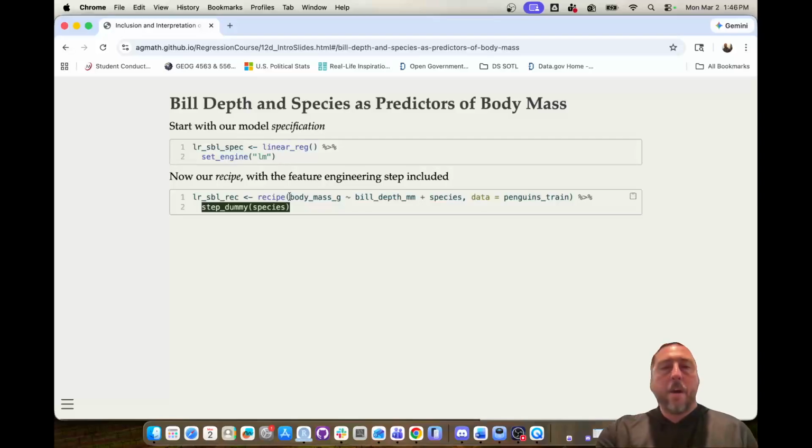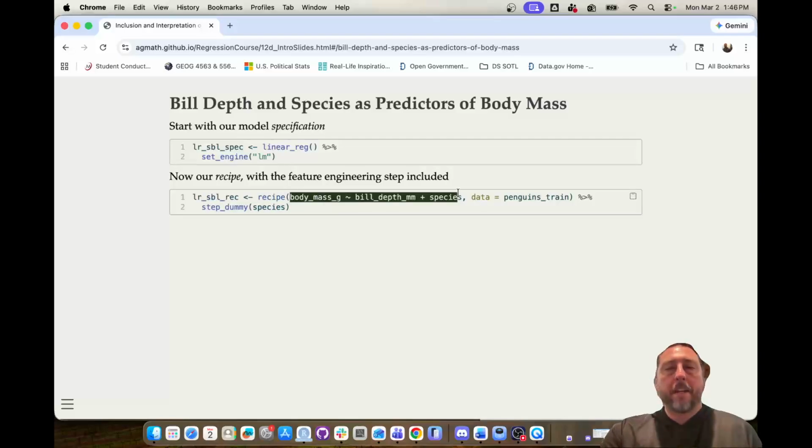But this is saying now I want to predict penguin body mass. I want to use bill depth in millimeters and species as explanatory variables for this. So now I'm going to include both pieces of information. This will allow us to model species by species relationships between penguin body mass and bill depth.